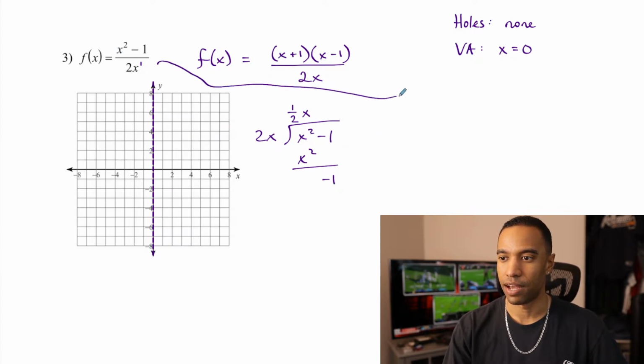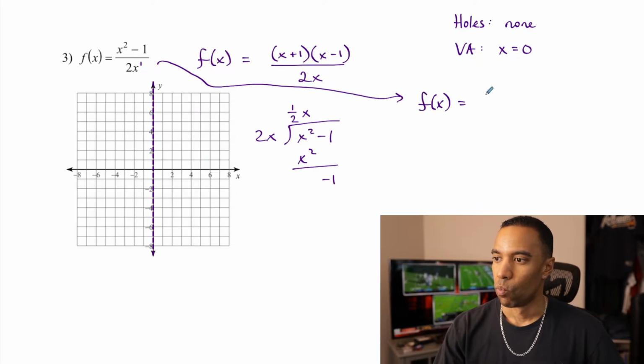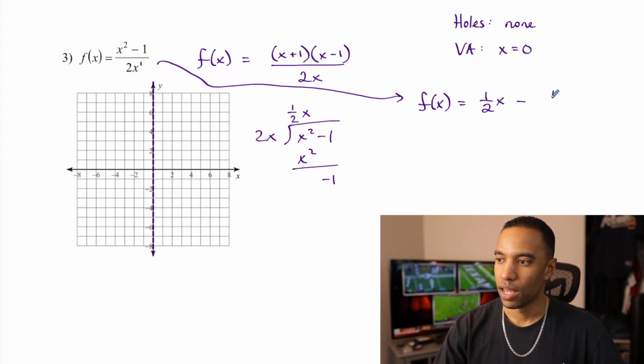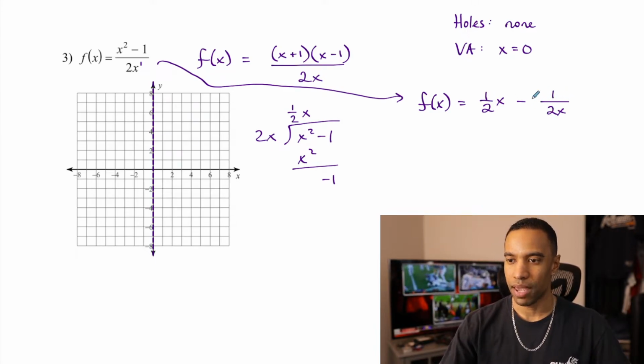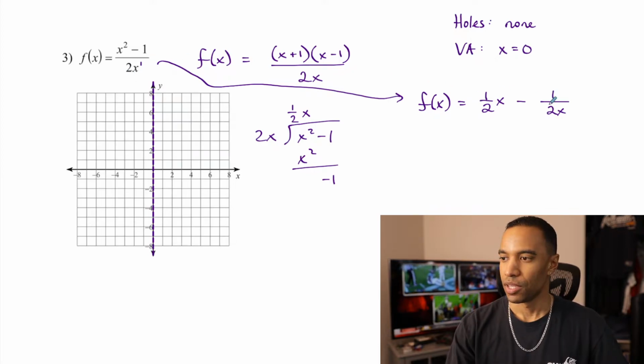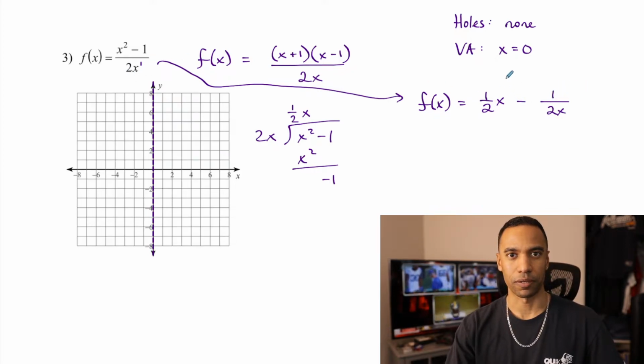So a rewrite of this equation is f of x equals 1/2 x, which is the quotient, and then 1 over 2x is the remainder, right? Negative 1 divided by this guy here. Now that's the remainder there.